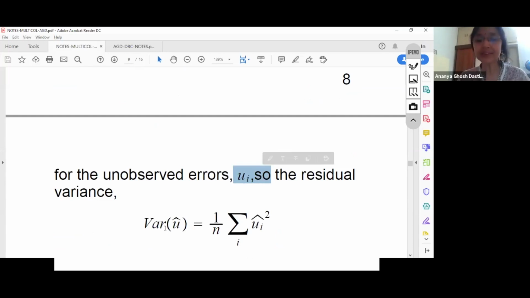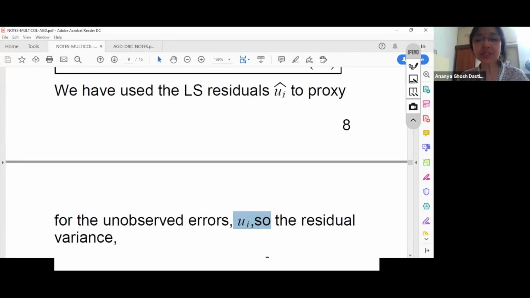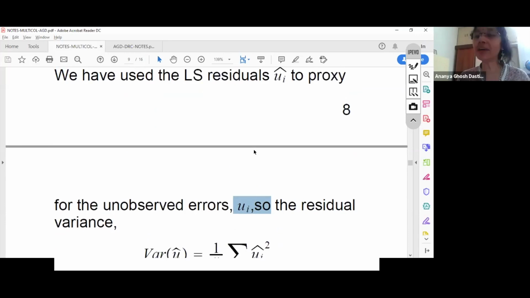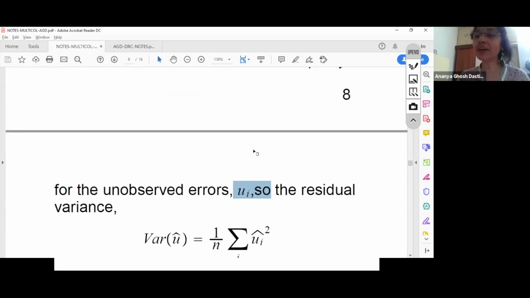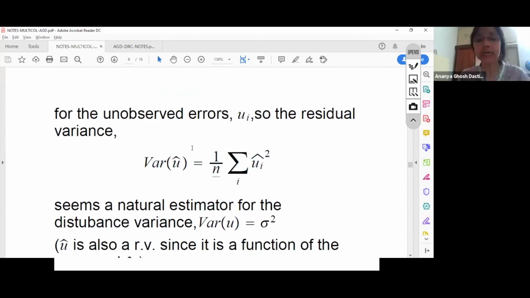So the residual variance, remember errors are u, residuals are u hat. We saw them all morning, right? We saw the residuals in the morning. So the variance of the residuals should work as an estimate for the error variance. The variance of residuals should ideally be this particular term that you see here.